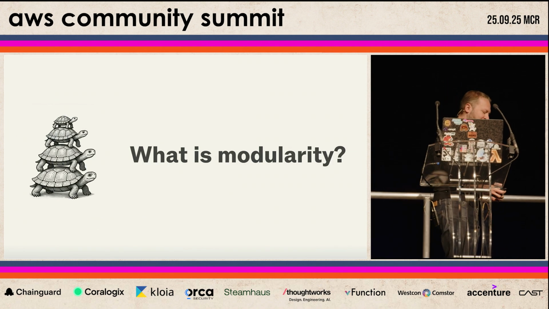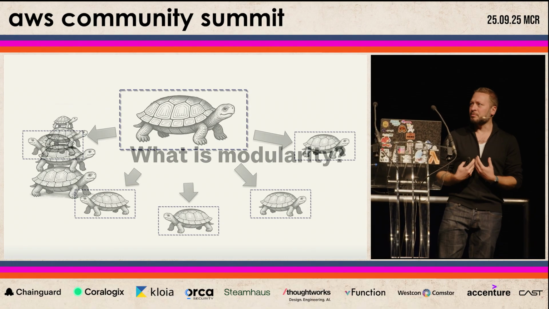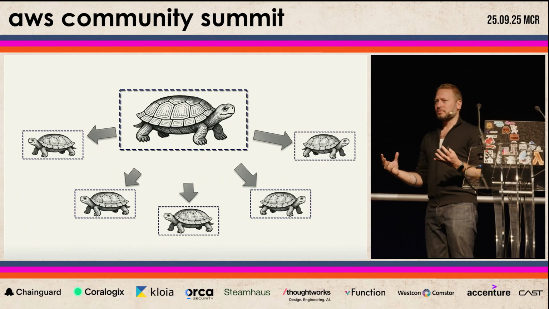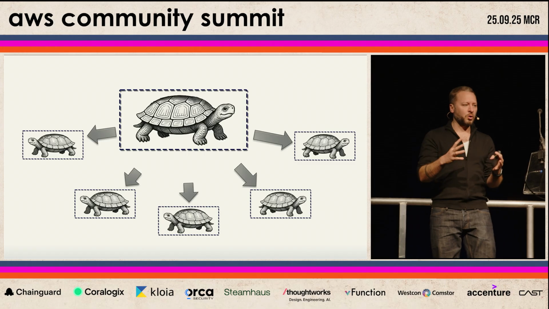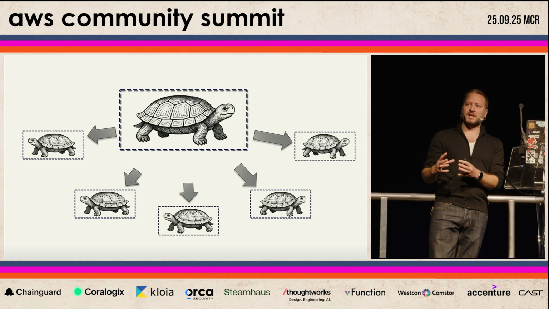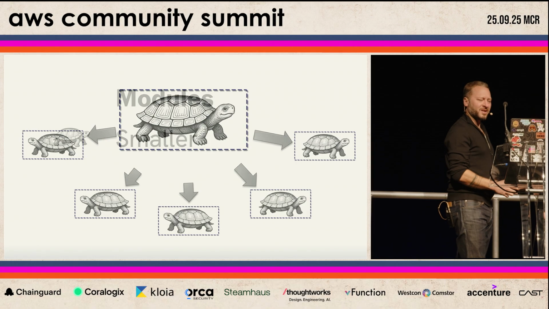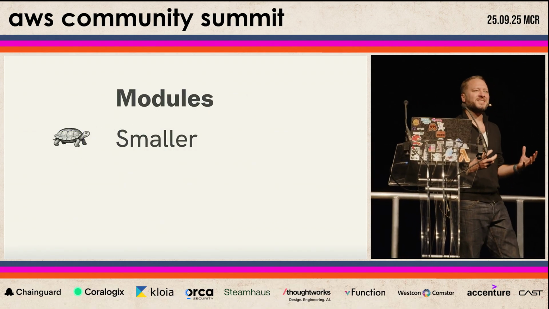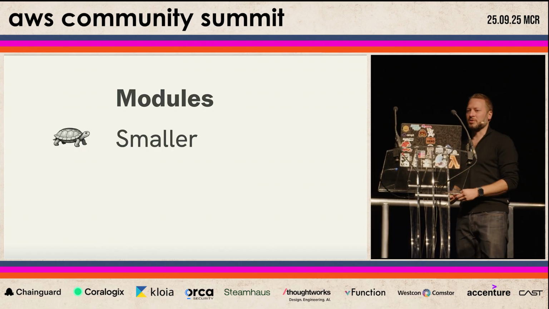But let's start at the beginning and ask, what is modularity? Well, the definition that I follow is it's the principle of breaking down a larger system into smaller, self-contained, and interchangeable parts. So let's look at these in turn. Smaller, of course, modularity only makes sense if the resulting modules are smaller than the original system.